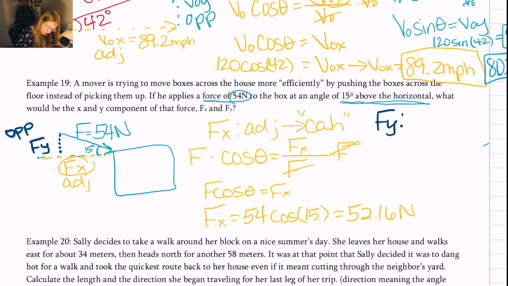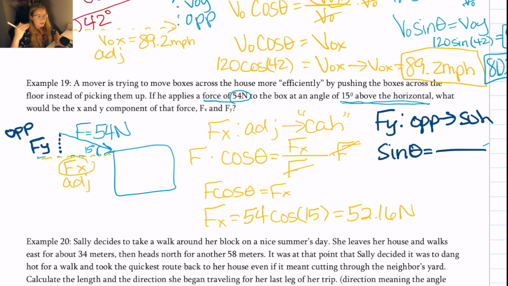Okay, now let's do our y. Y is opposite. Opposite is associated with the sine function. So we're going to do sine, and it's opposite over hypotenuse. Use your variables. Opposite, Fy, hypotenuse, plain F. Solve for Fy.